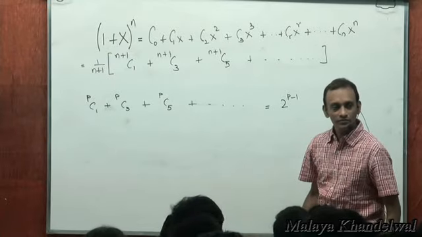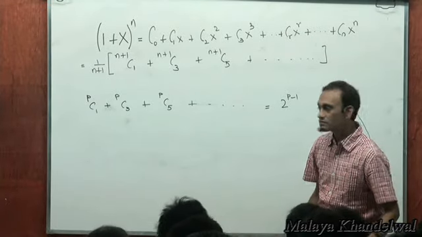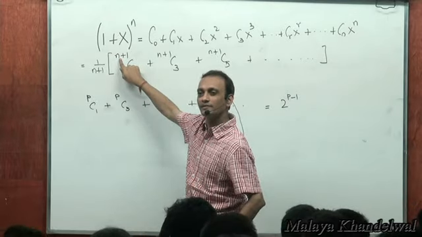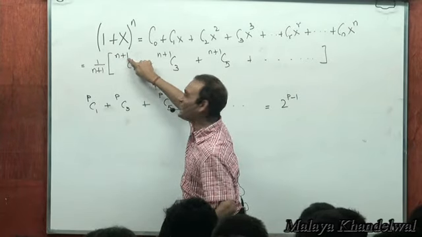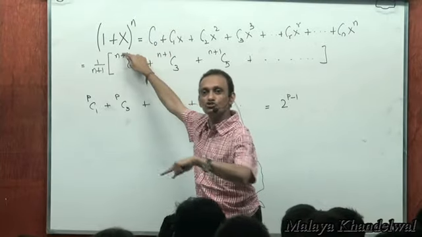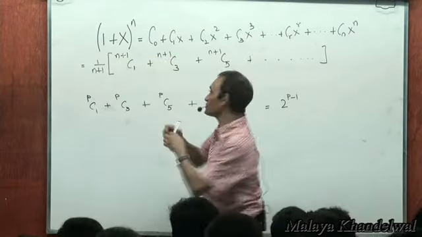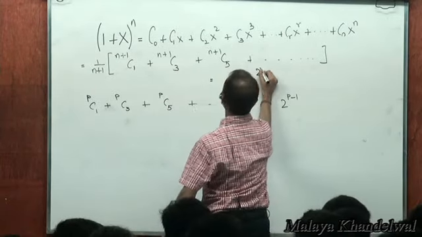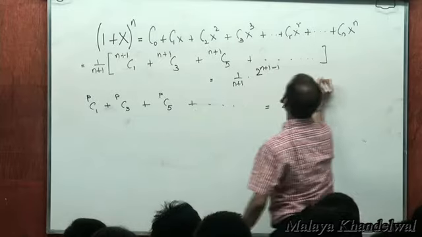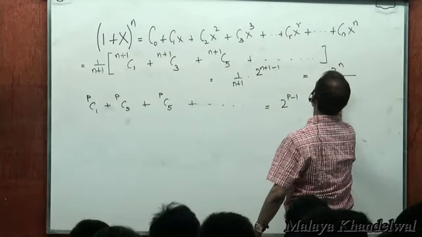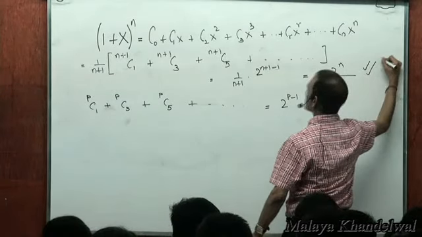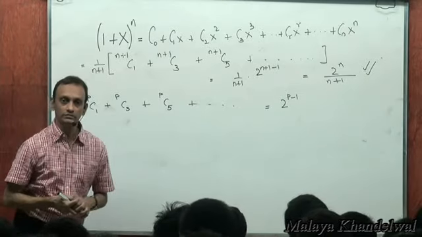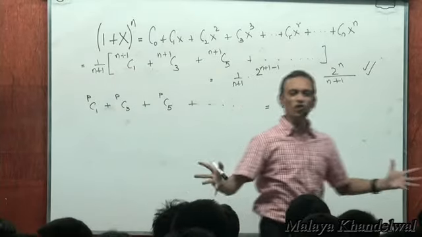Yes or no? Didn't we learn this result? Right? So p here is n plus 1. So 2 to the power p minus 1, isn't it? This is 2 to the power n plus 1 minus 1. So this is 1 by n plus 1, 2 to the power p, which is n plus 1 minus 1, which is 2 to the power n divided by n plus 1. Right? So that's dealing with the raw format.